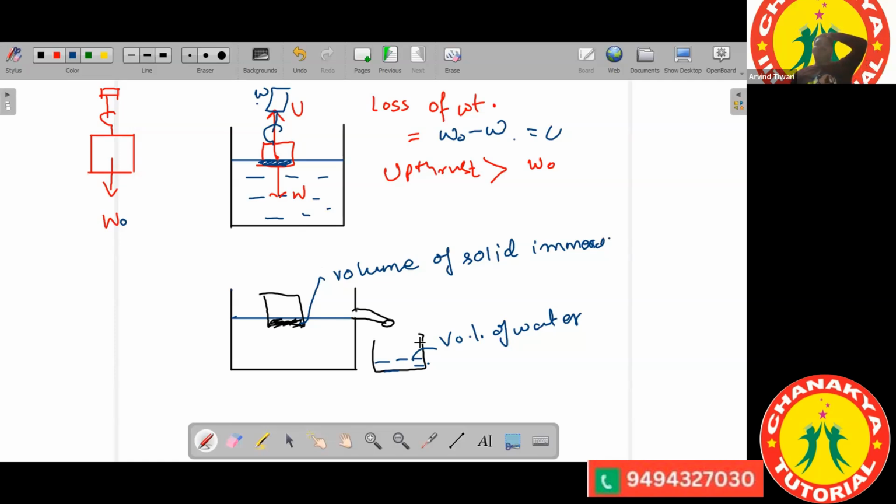Let the volume of the liquid displaced be V. So what the Archimedes principle says is that the loss of weight, that is W naught minus W, is equal to the up thrust, and this up thrust is also equal to the weight of liquid displaced. Whatever liquid has been displaced by it, we collect that liquid, and if you weigh that, its weight will be equal to the up thrust.